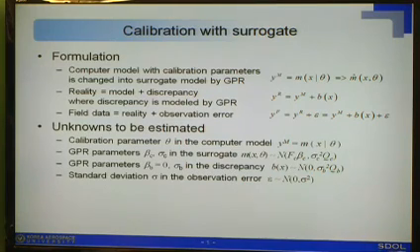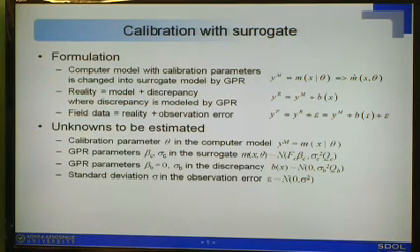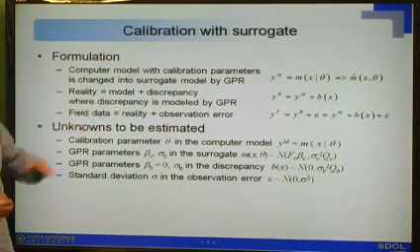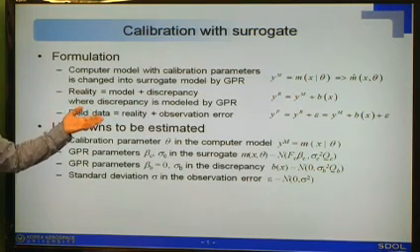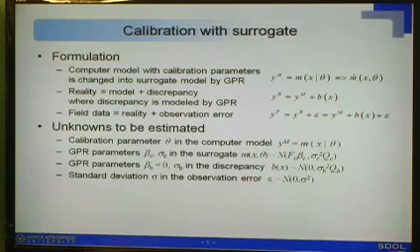In this case, we can introduce what is called the discrepancy function, and make reality become the model plus this discrepancy function. This discrepancy is also called a bias, and it is modeled by Gaussian process regression.